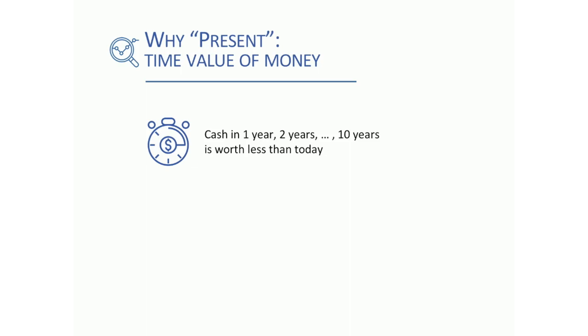So let's start with a very simple example that should sound very familiar. Let's imagine that you have $100 that you put into a bank account, and the interest rate for that bank account is 10%.